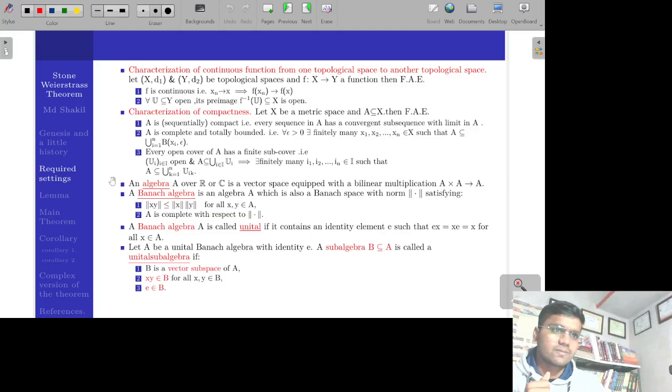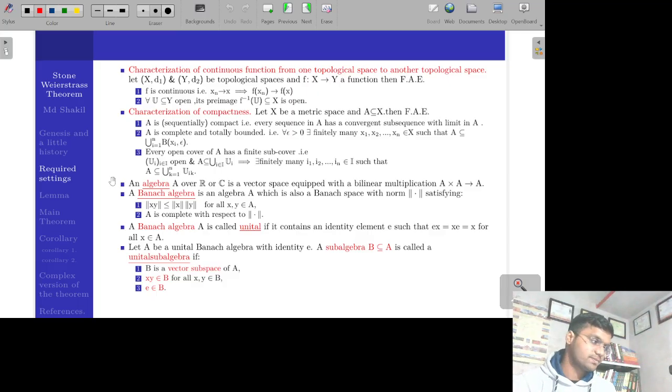So an algebra is a special kind of vector space over the field of real numbers or complex numbers. So A is an algebra over R or C. It is a vector space equipped with a bilinear multiplication A cross A goes to A.